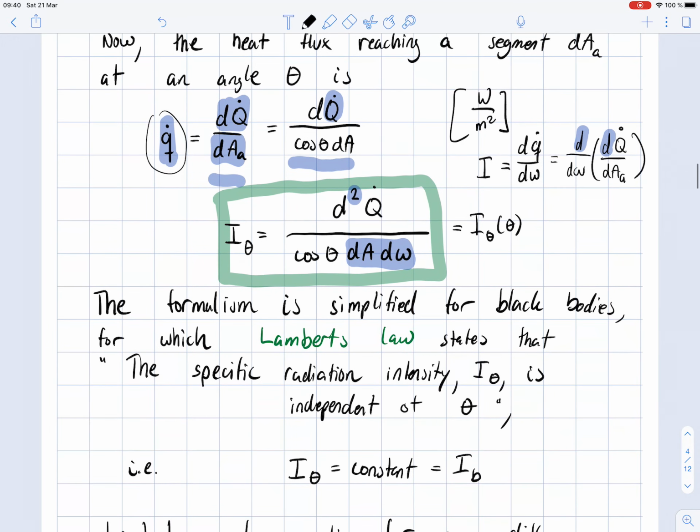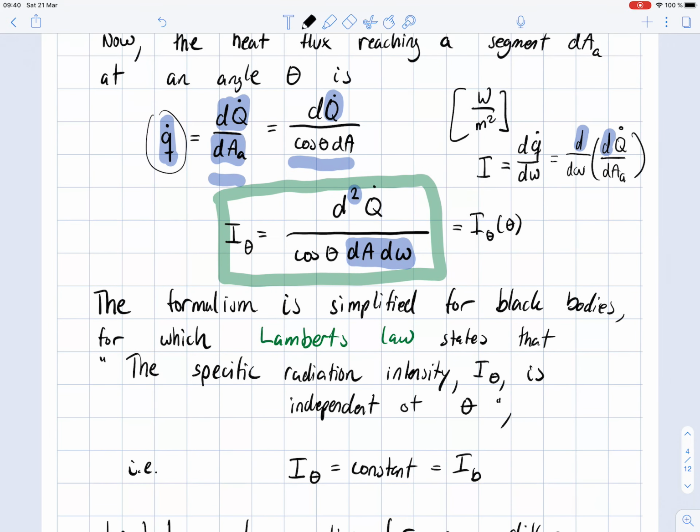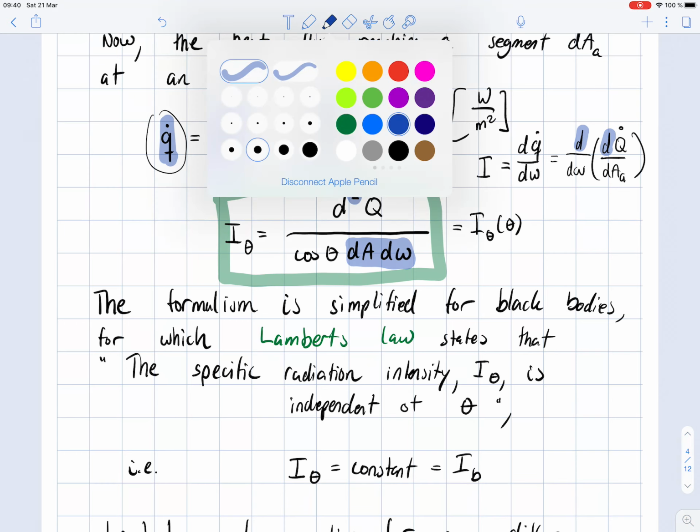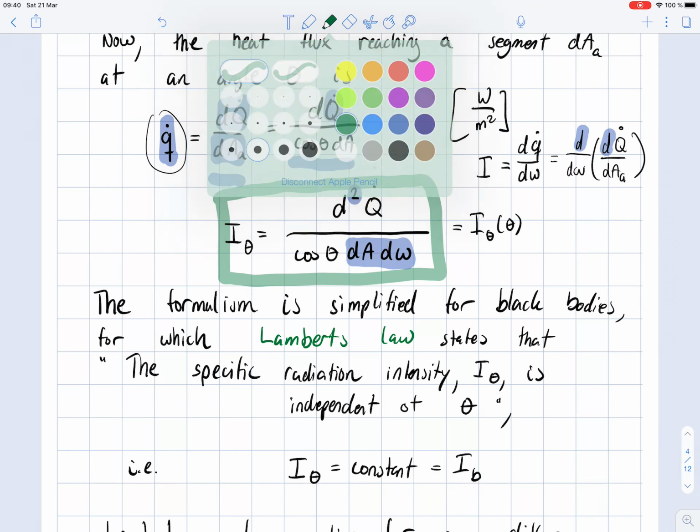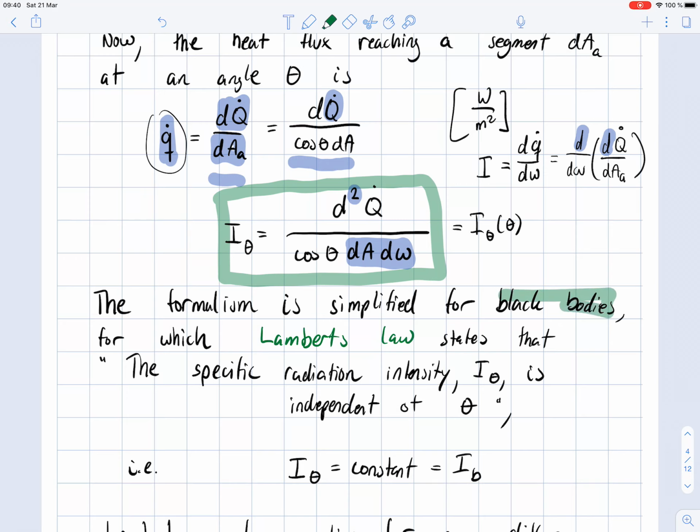This formalism for the intensity is greatly simplified for black bodies. And for black bodies, we have what is called Lambert's law. And Lambert's law states the following. The specific radiation intensity, so that's I theta, is independent of theta.